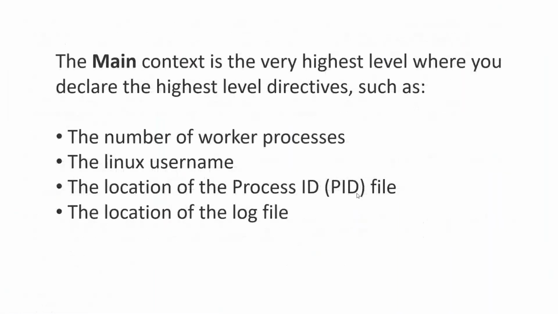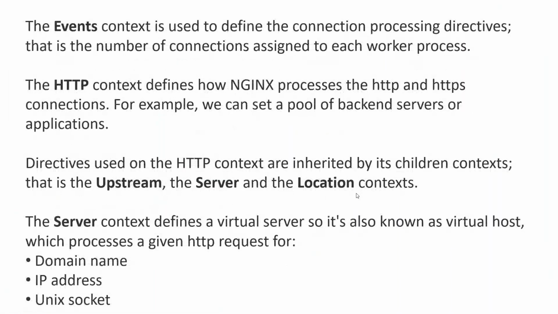Okay. Now the event context is used to define the connection processing directives. So under every context we'll have directives, right? So what kind of directives? They define the connection processing, that is, the number of connections assigned to each worker process. So Nginx runs with multiple workers.